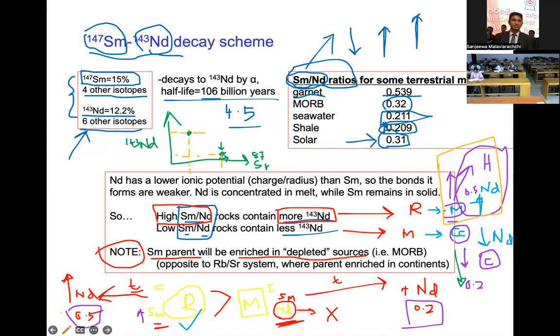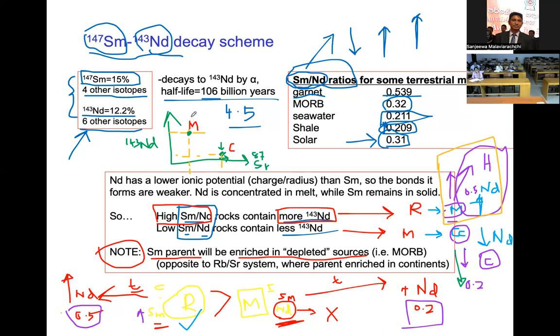So if you make this diagram, this is the mantle and this is the continental crust. You will see this difference: high strontium and low neodymium for the continental crust, but high neodymium and low strontium for the mantle.